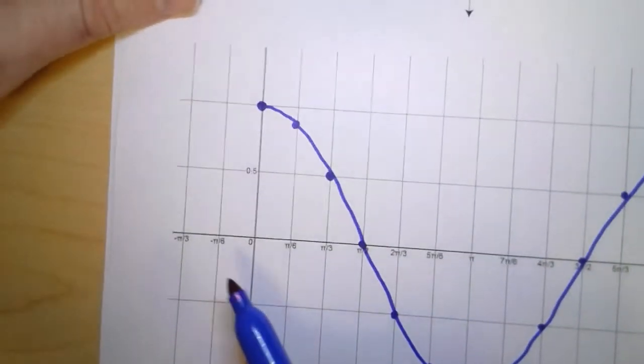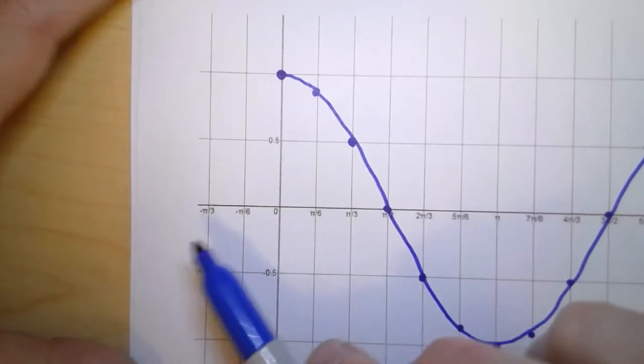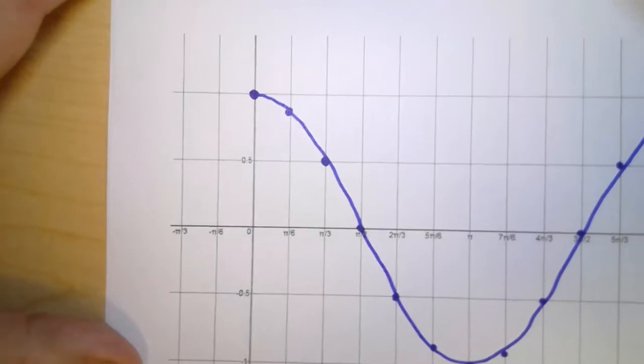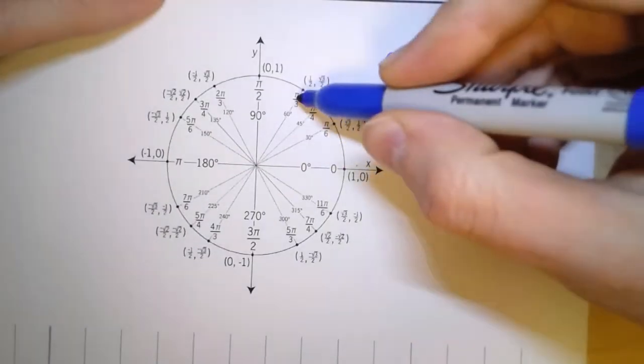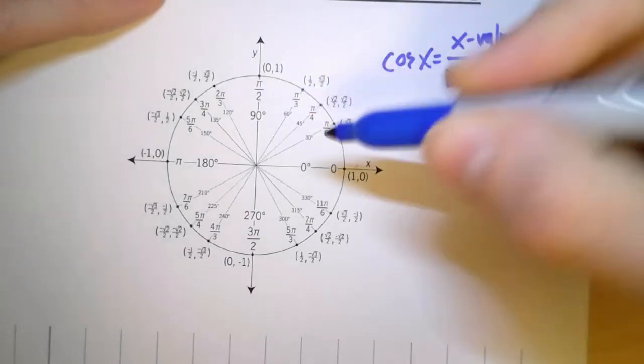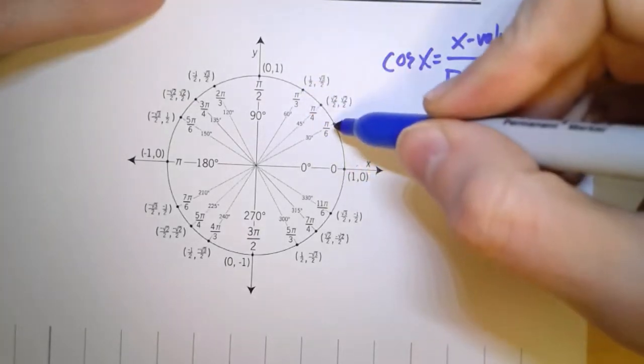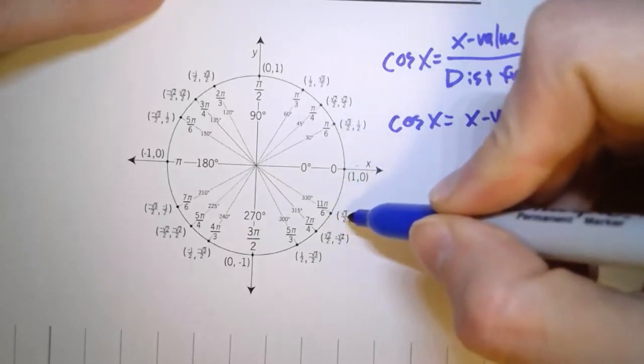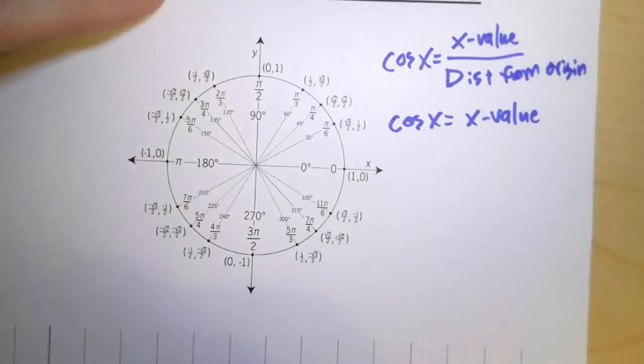Now over here, we also have negative pi over 6 and negative pi over 3. Well, a negative rotation just means that we're rotating in the opposite direction. So here we have positive pi over 6 and positive pi over 3. Well, negative pi over 6 would be the same amount of rotation, just in the opposite direction. So instead of rotating up, negative pi over 6 is going to rotate down. So our x value is radical 3 over 2.